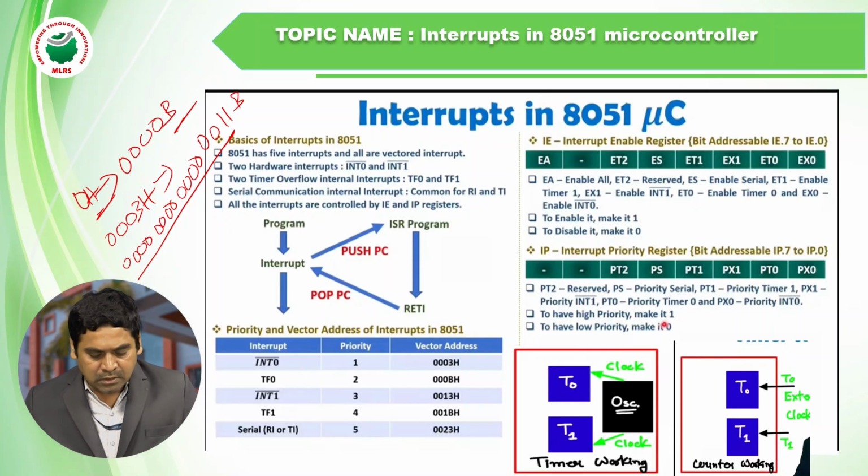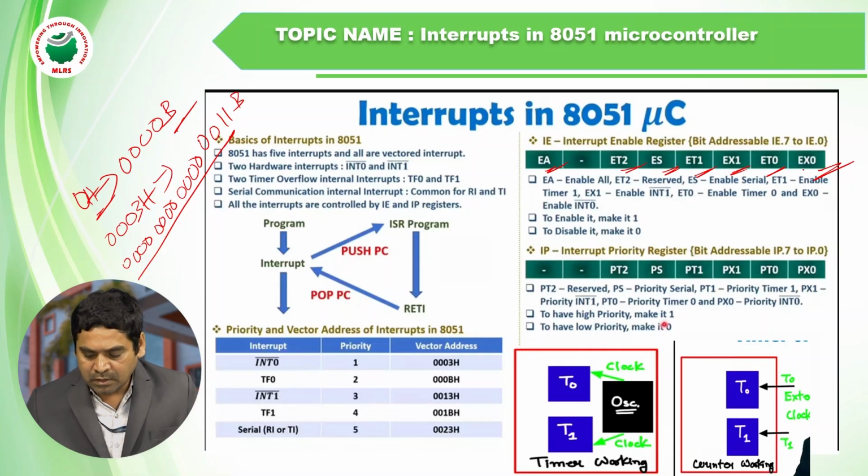All these interrupts are controlled by the IE register and the IP register. IE is the interrupt enable register. It contains 8 bits, which are bit addressable, IE0 to IE7. From the right side onwards, they are EX0, ET0, EX1, ET1, ES, ET2, and EA.